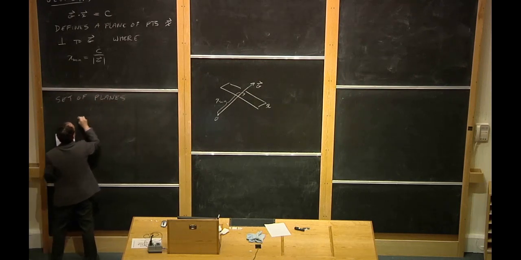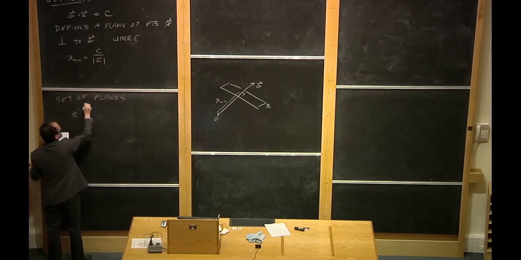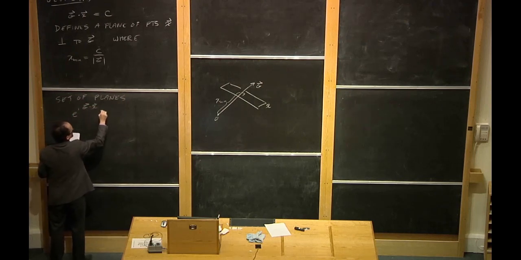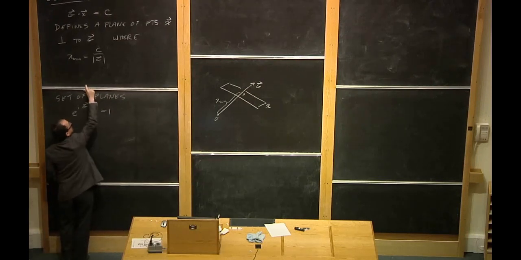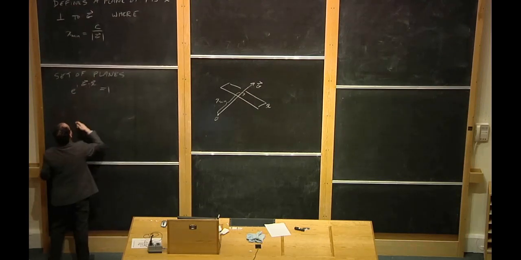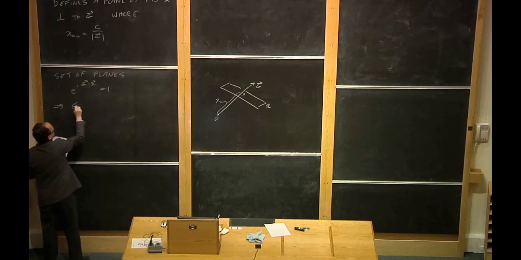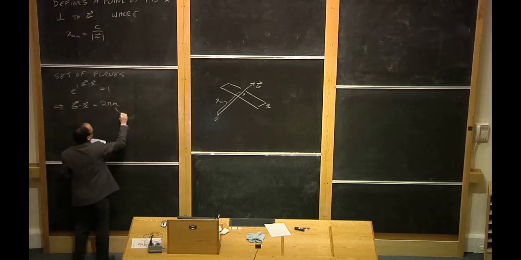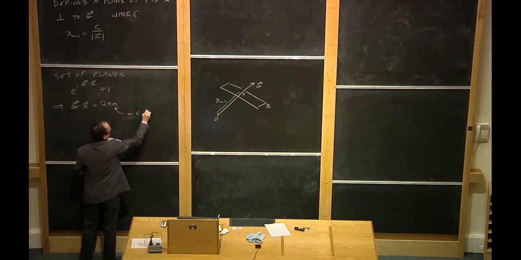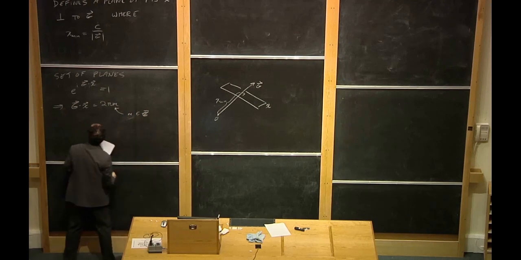We define e to the i G dot x equals 1. So why does that define a set of planes? Well, e to the i G dot x equals 1 is the same thing as saying G dot x equals 2 pi m, where m is an element of the integers.